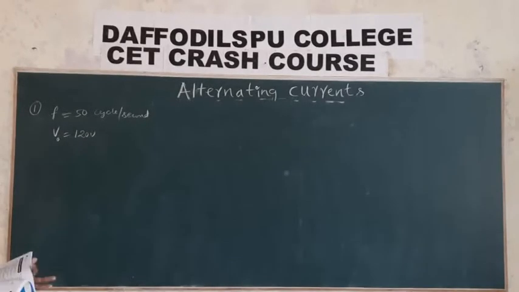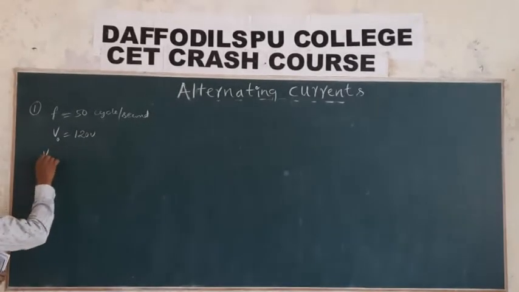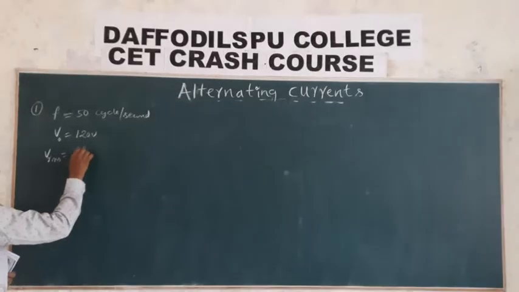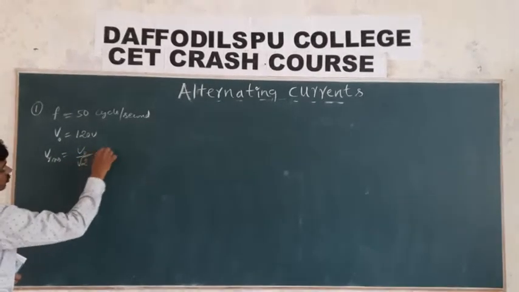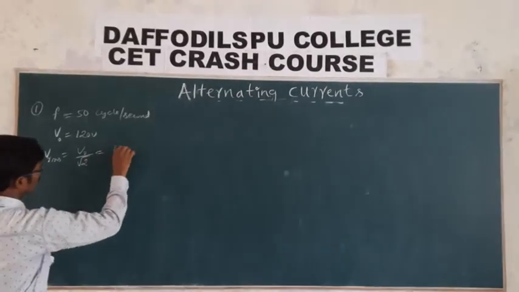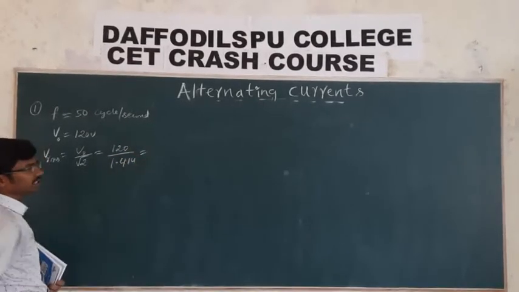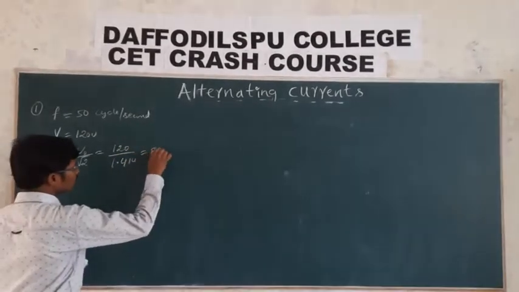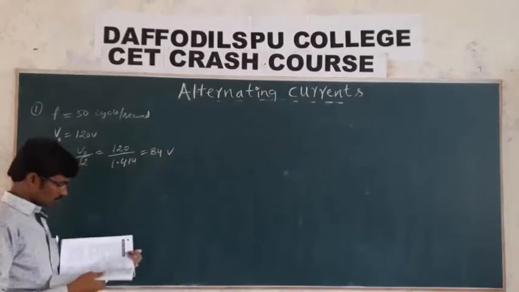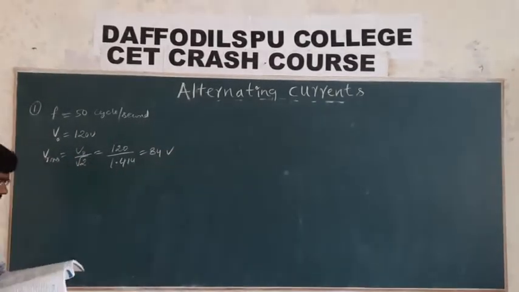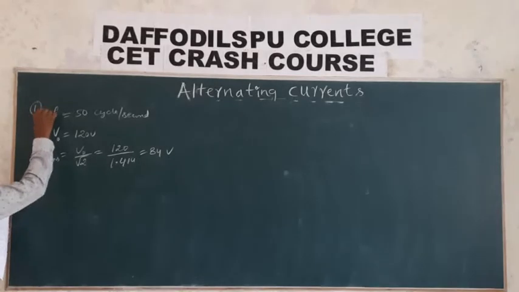Then the RMS voltage. What is the formula for Vrms? Vrms is equal to V0 by root 2, which is 120 by 1.414, around 84.8 volt. This is the second option, 84.8 volt.